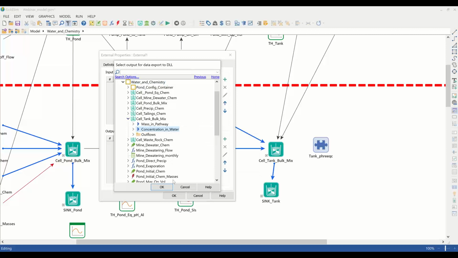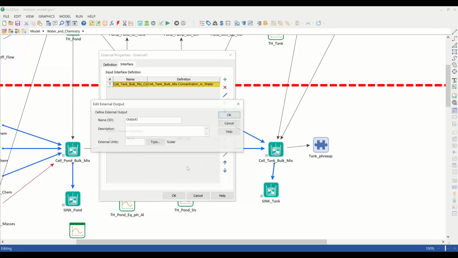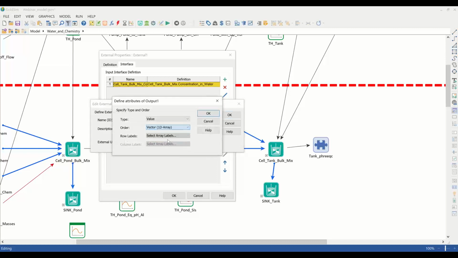So I will get its concentration. And then we need to define what's coming back. So I'll call this the tank. Well, actually, I'll use the same name because it's going to be prepended anyway. Milligrams per liter. And the type is of course, a vector with the name of species.